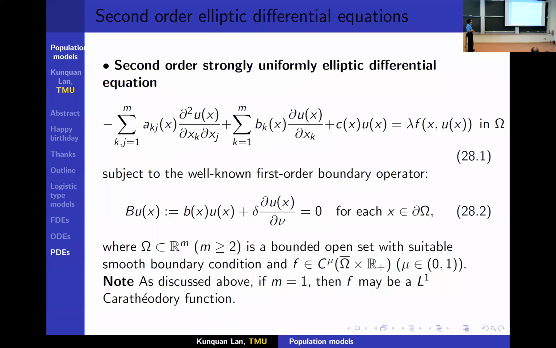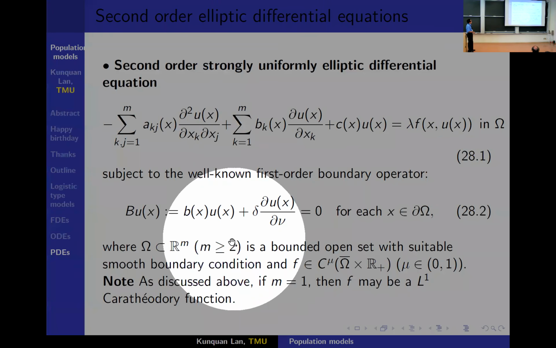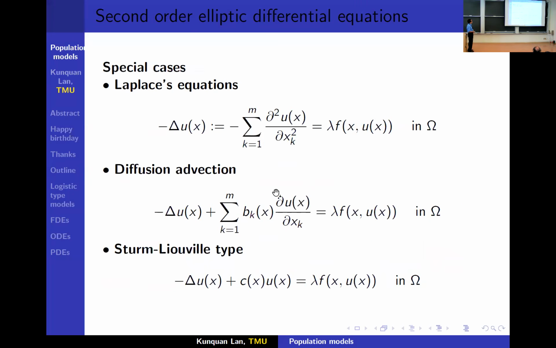So second order PDE. So this is more general right now. So in dimension at least greater than 2, and the boundary condition here. And so this is more challenging for this case. So right now, this is a special case.